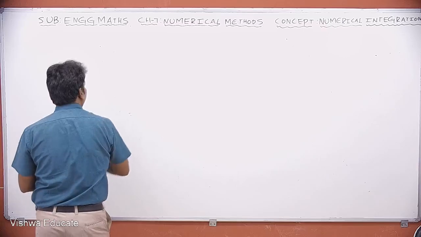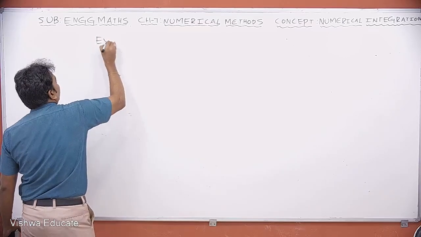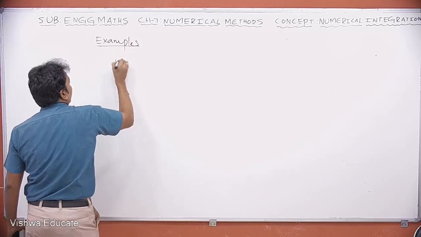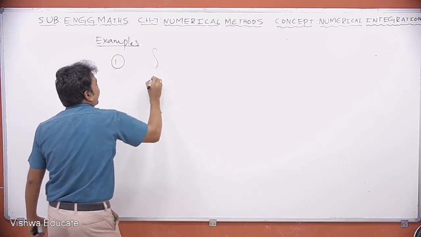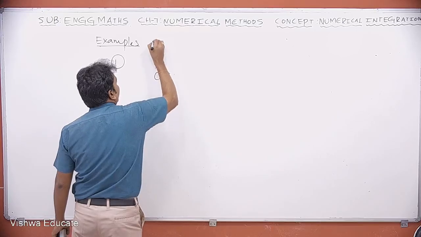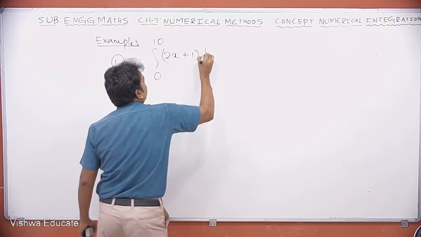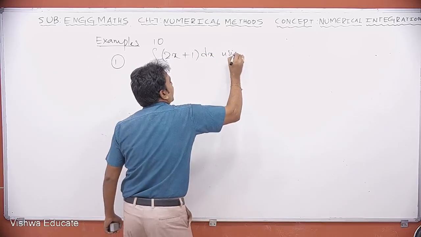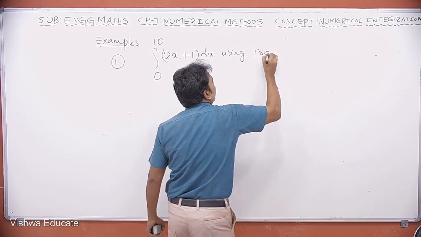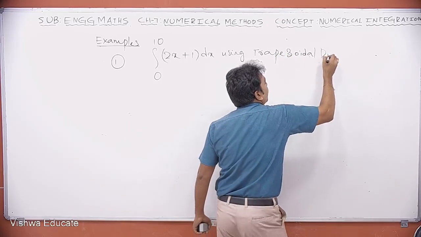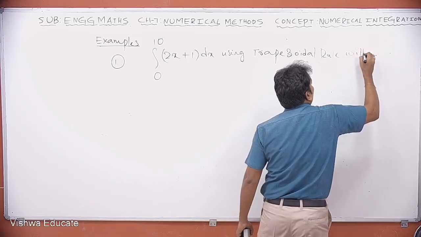So we discuss examples. First one, let us solve the integral from 0 to, say for example 10, of 2x plus 1 dx using trapezoidal rule with h equal to 2.